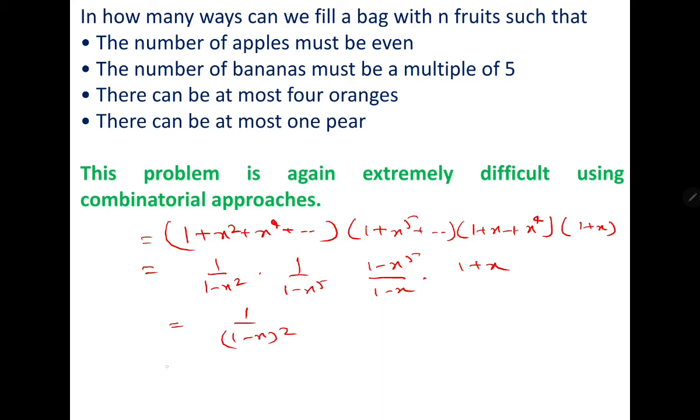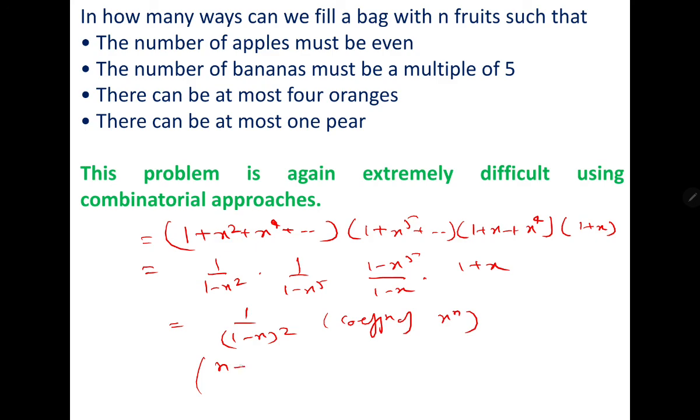Now I need the coefficient of x raised to the power n. In this one we know that it is r plus n minus 1 choose r, where r is n here because I am looking for the coefficient of x raised to the power n.